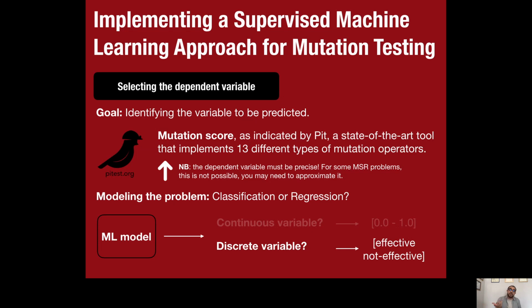So our idea was to develop a recommendation system that is intended to support other mutation testing tools rather than replacing them completely.